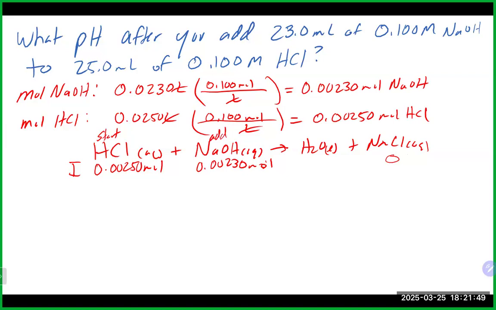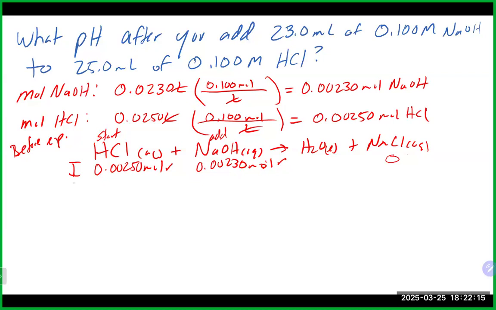So the question is, are we before or past the equivalence point? We are before, because the moles of what we're adding is less than the moles of what we're starting with. So we are definitely before the equivalence point. Sometimes when you're doing these titration problems, it's good to know where you're at, because you can kind of know what type of problem you should be doing and how the outcome should be before you get there.